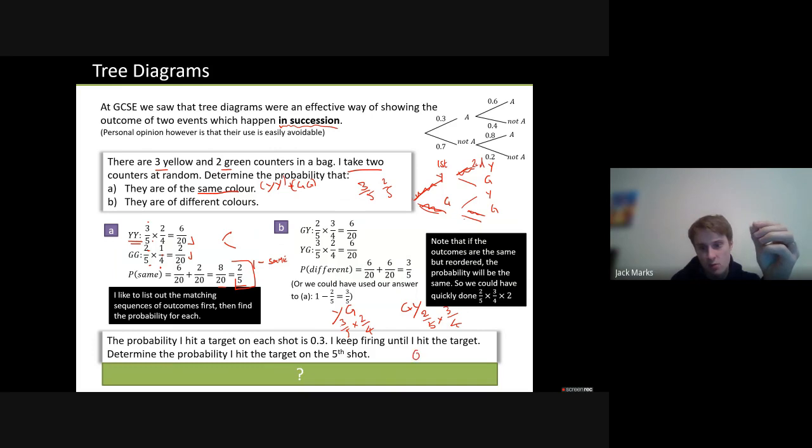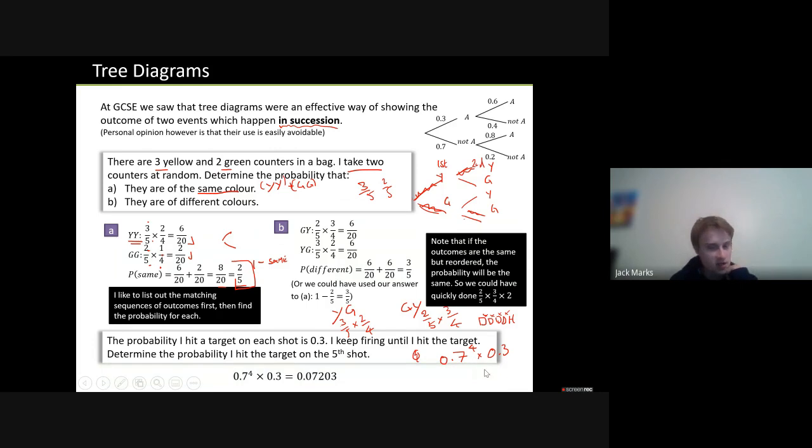So in other words, we want don't hit, don't hit, don't hit, don't hit, hit, and we can multiply these together. So I'm going to say that this is 0.7 to the power of 4, times 0.3. Why would you not want to do a tree diagram there? Well, you could. It's just going to become a very, very big diagram. So you might want to extrapolate the idea of thinking about how it happens and then multiplying the numbers.